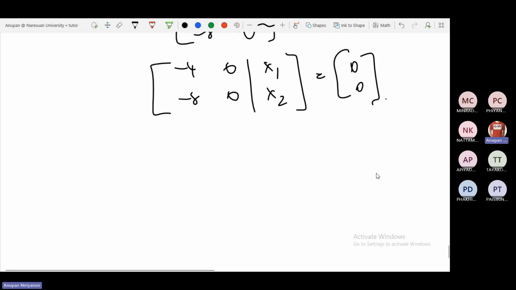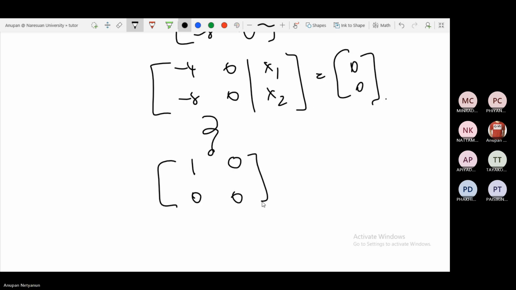Then you row reduce into reduced row echelon form. What you get is 1, 0, 0, 0, and then x1, x2 equal to 0, 0.